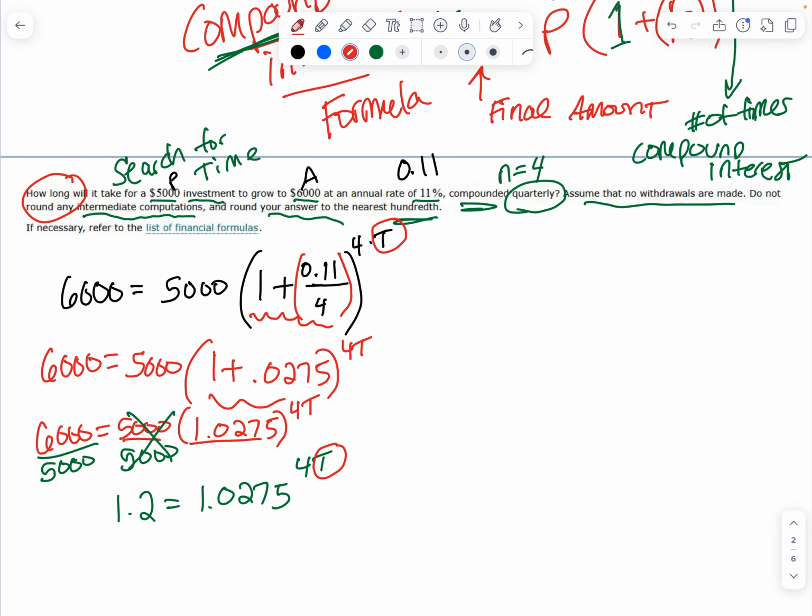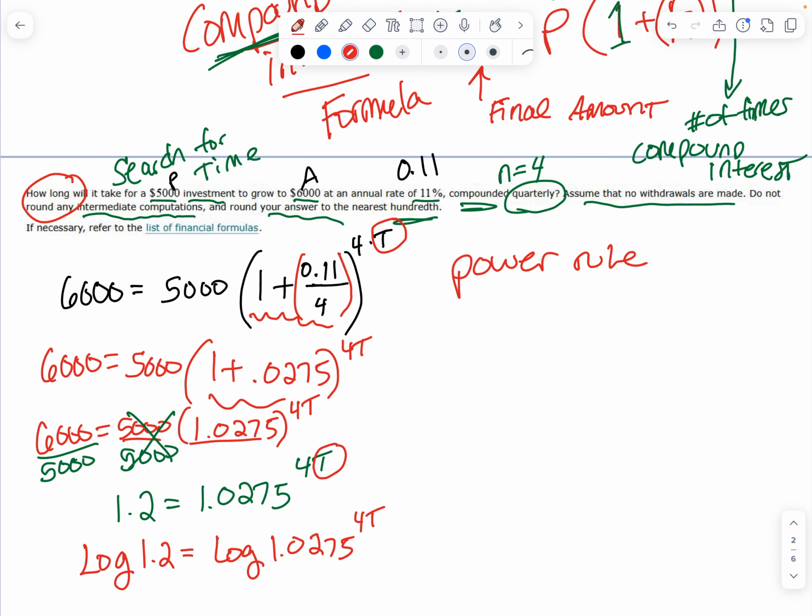So one of the rules in logs is called the power rule. And the power rule tells us that if we come in and put a log on both sides of the equation, so we're going to give the left-hand side of the equation a log, and we're going to give the other side of the equation a log, what that does is now it puts us in log land where we can enact the power rule.